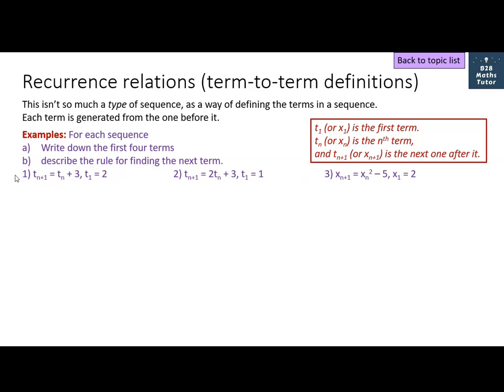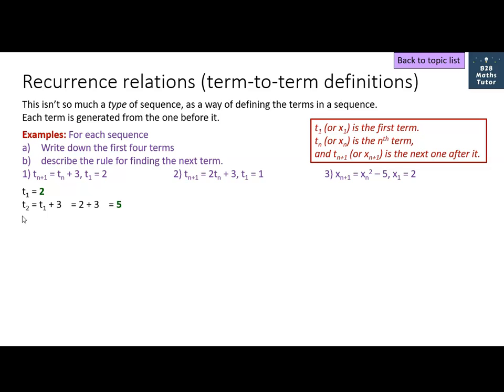So with this example, number 1, our first term is 2, and we plug that in here. To get the second term, we take the first term and add 3 to it. So first term is 2. Second term is the first term plus 3, so that's 2 plus 3, which gives us 5.